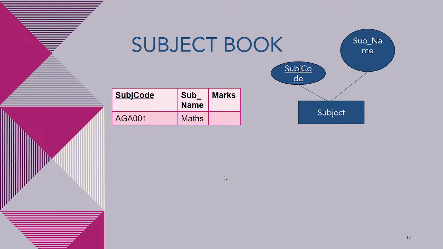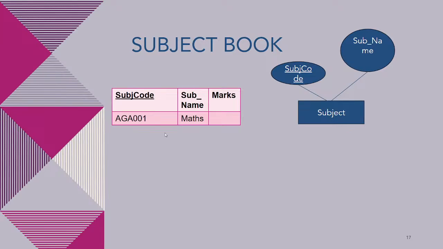Now we will see how you can indicate the subject entity. You have subject code as a primary key, and subject name. The first column will be the primary key column that will separately identify each row, or each instance, of the subject entity.